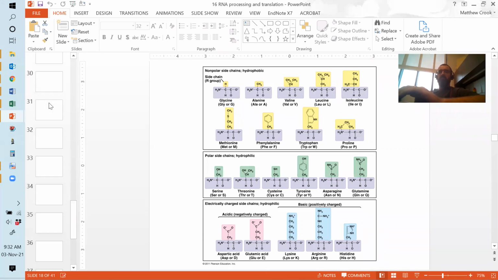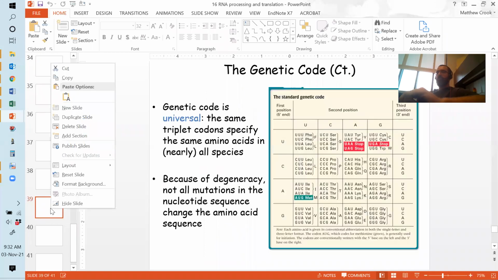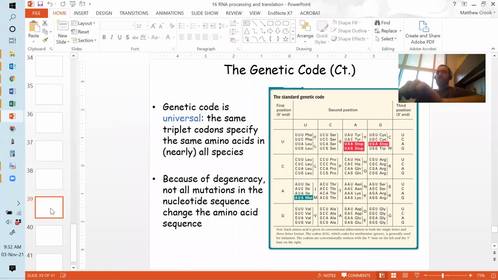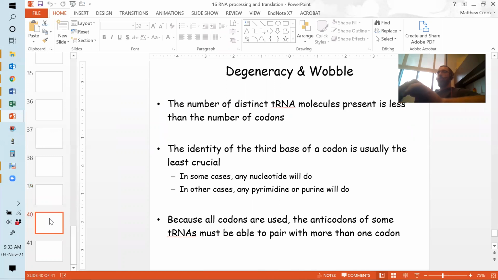So there is some degree of buffer in the genetic code. Basically, you've got a 1 in 3 chance, depending on the amino acid, of that mutation not having any effect. And that's basically caused by there not being as many tRNAs as there are codons. So there is one tRNA that recognizes CC, and then the last base is called wobble.